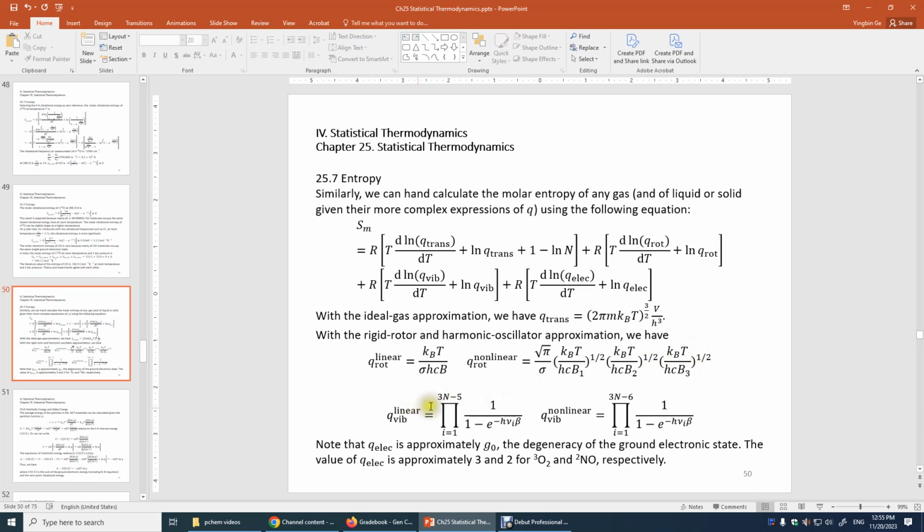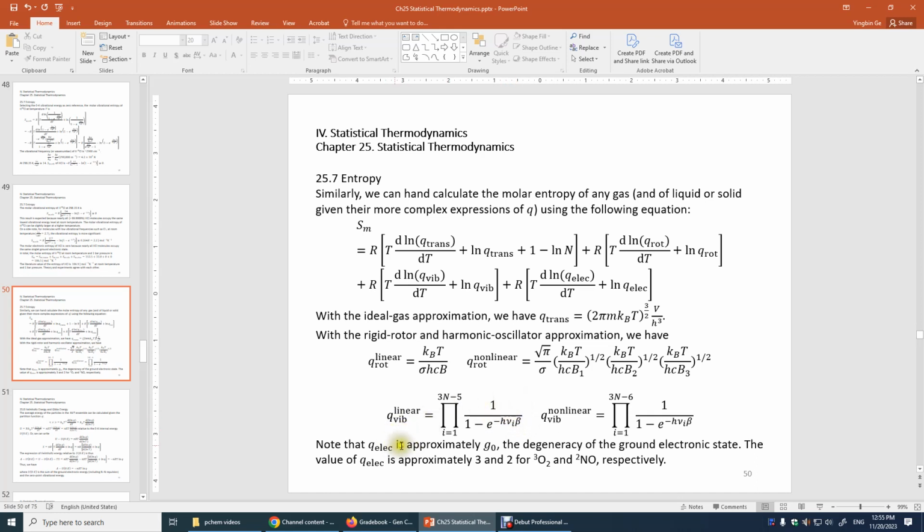For a linear molecule, we have 3N minus 5 vibrational modes. For a nonlinear molecule, we have 3N minus 6 vibrational modes. And the partition function is simply the product of 1 over 1 minus e to the power of negative h nu sub i times beta. So this nu sub i is the frequency of the ith vibrational mode.